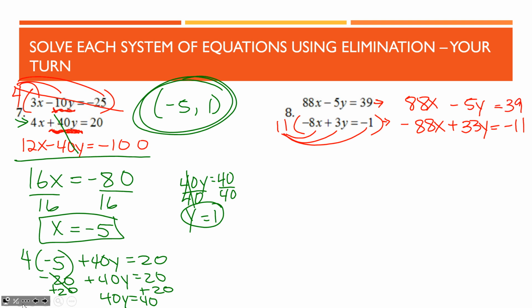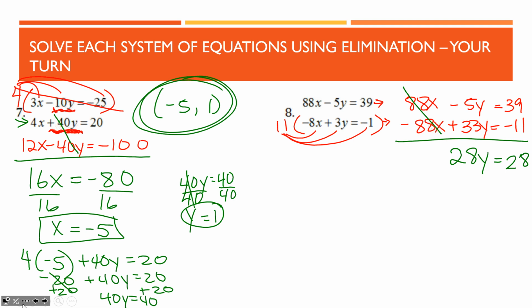So now I have two equations that I can add together, and the x's are going to cancel. 88x minus 88x cancels. Negative 5y plus 33y is positive 28y. And 39 minus 11 is 28 as well. Use your calculator for those if you want to.